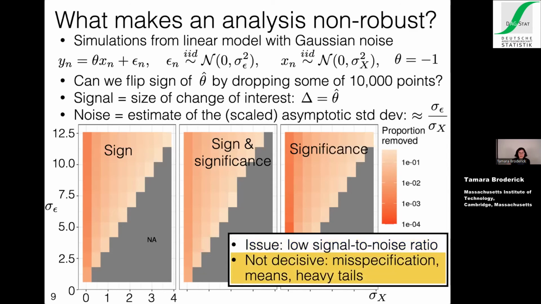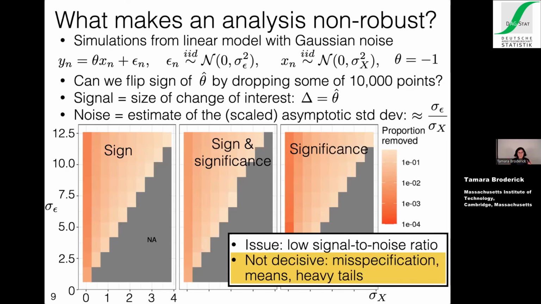On the other hand, we're seeing a lot of things that are not decisive. Misspecification is not decisive. As we said in the beginning, it might be something that worries us, but it's not the issue on its own. Here we're seeing a case where everything is perfectly specified, and yet we can still drop a very small proportion of data and change our analysis in some cases.